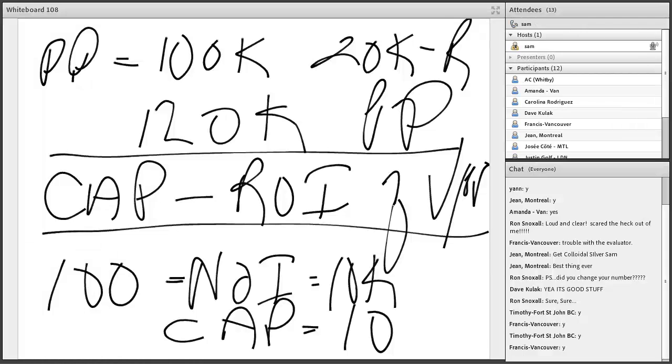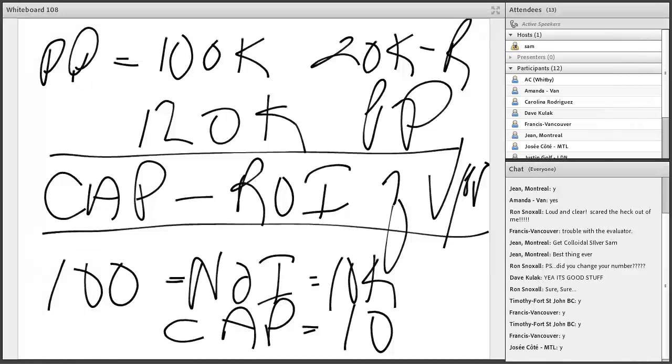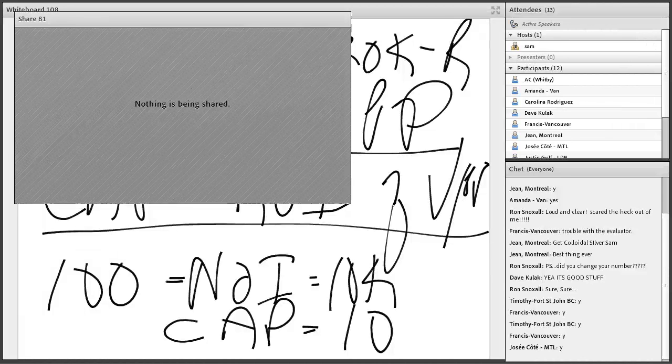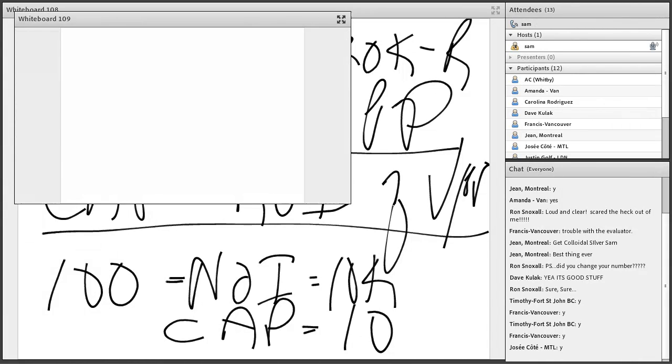We're good? Okay. So when we look at cap rates, I want us to make sure we understand that we're always considering that cap rate as an indicator for, is there an opportunity?